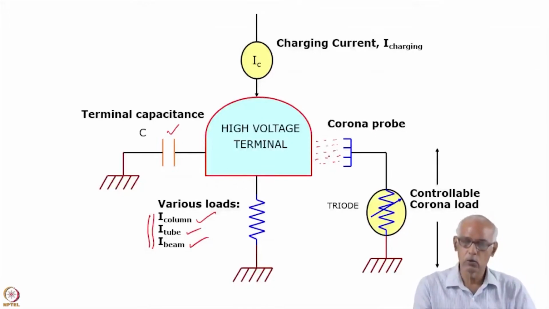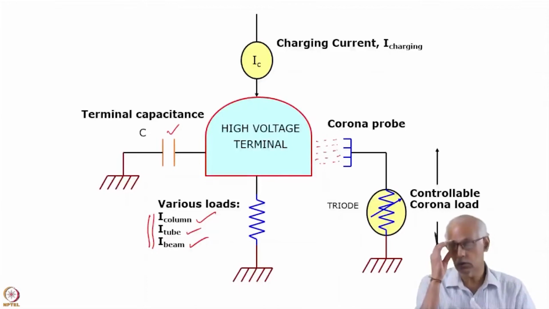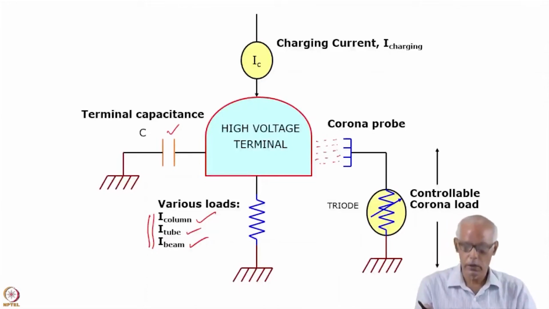So we try to modulate this by the feedback system. But this is a sort of constant corona load all the time. So these are some of the loads which have to be taken into account.